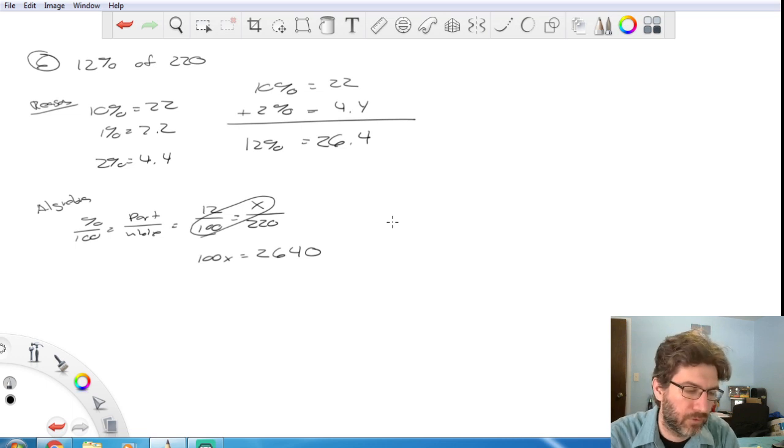I'm going to double check because I don't know if I did my work right up above. Yep. Divide by 100, divide by 100, x equals 26.4.